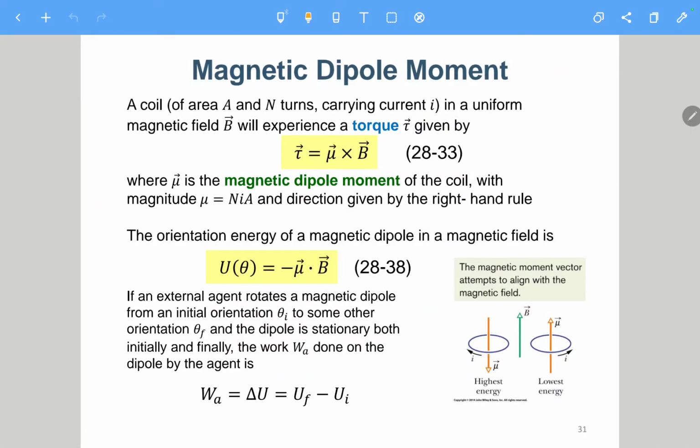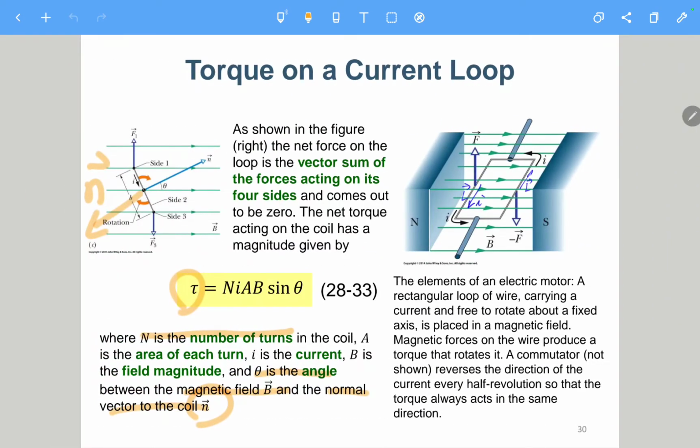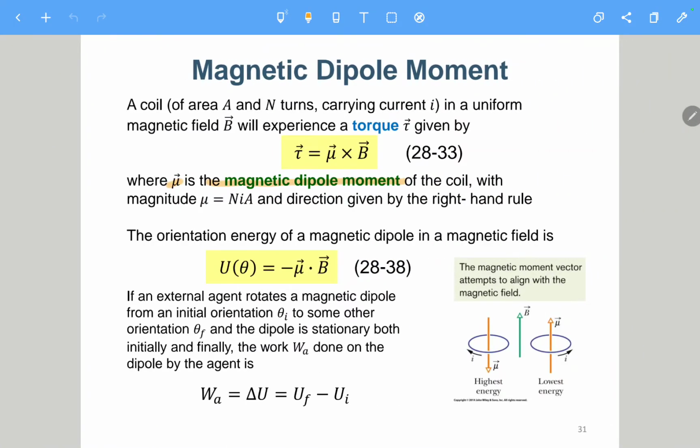Here we define another variable called the magnetic dipole moment. We use the Greek letter mu to denote it. The magnetic dipole moment has the same direction as the normal vector, which means you can use the right-hand rule to follow the direction of the current, and your thumb will point to the direction of the magnetic dipole moment.